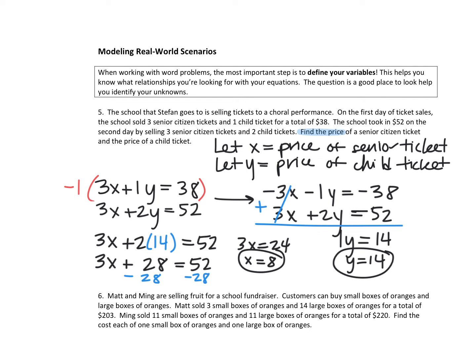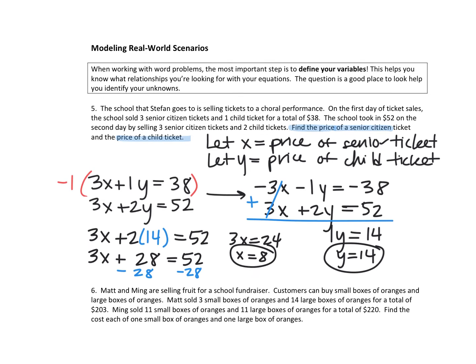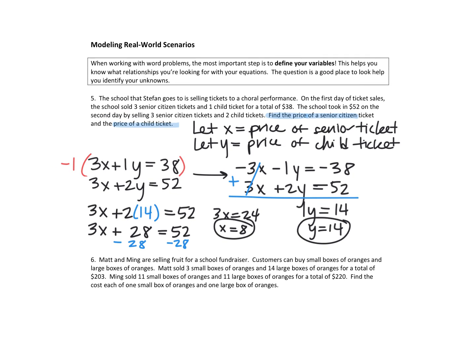You are not writing your final answer as a point because you need to answer the question. It said find the price of a senior citizen ticket and the price of a child ticket. Please think about this carefully. How much does the senior ticket cost? x is 8. Make sure you look back at this. This is why you have to define your variables.